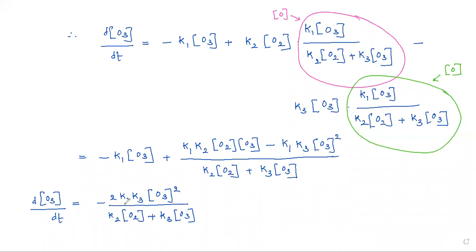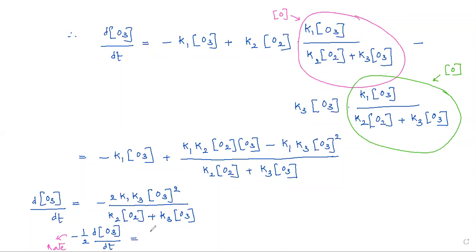Now let us take this 2 onto this side. So that will give us minus 1 by 2 dO3 by dt. This, of course, is nothing but rate from the first step.